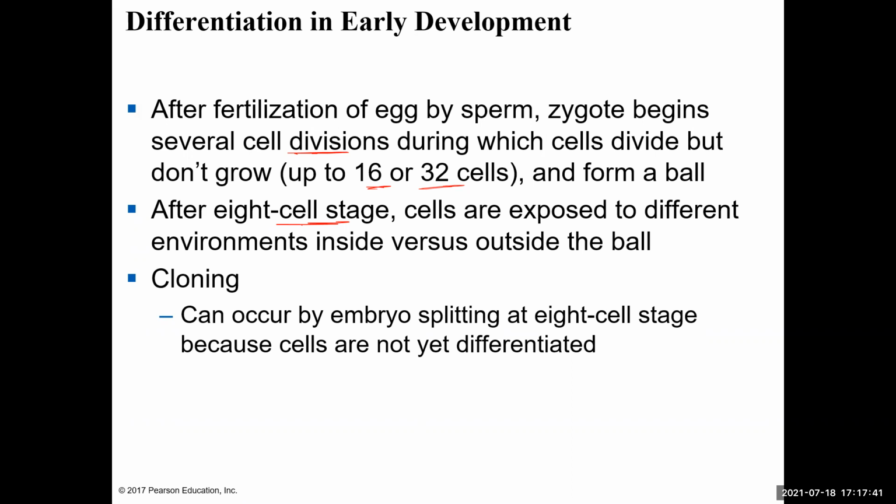Now, what's interesting is at this 8 cell stage, there's really no differentiation. It's after that 8 cell stage, right? After the 8 cell stage, they're exposed to different environments.